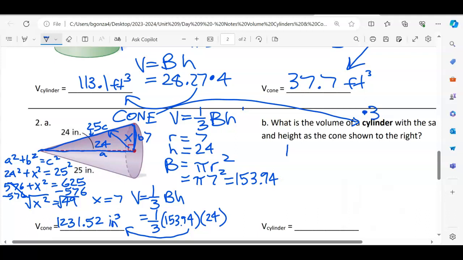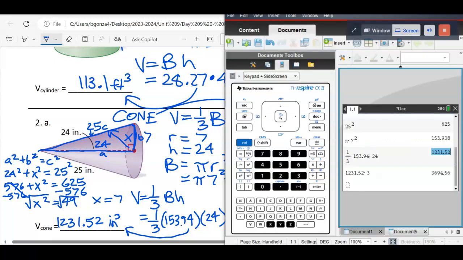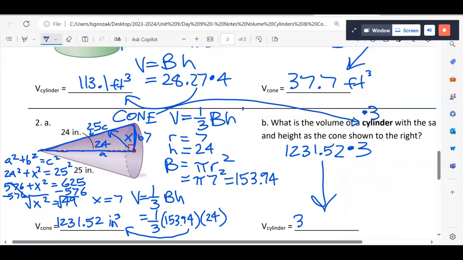So I'm going to take the volume we got times 3 to get my volume of a cylinder. I did that earlier. I got 3,694.56. And again, it's inches cubed. Cool.